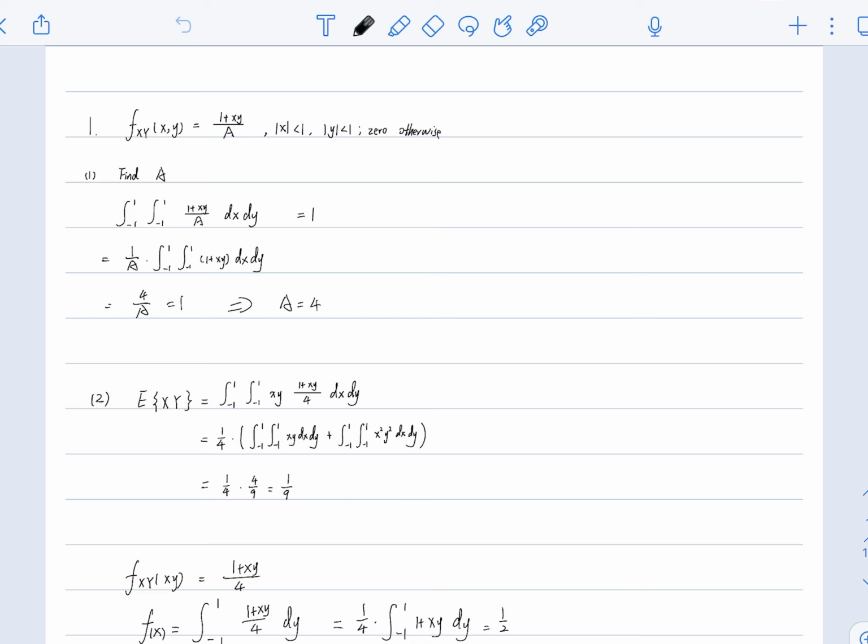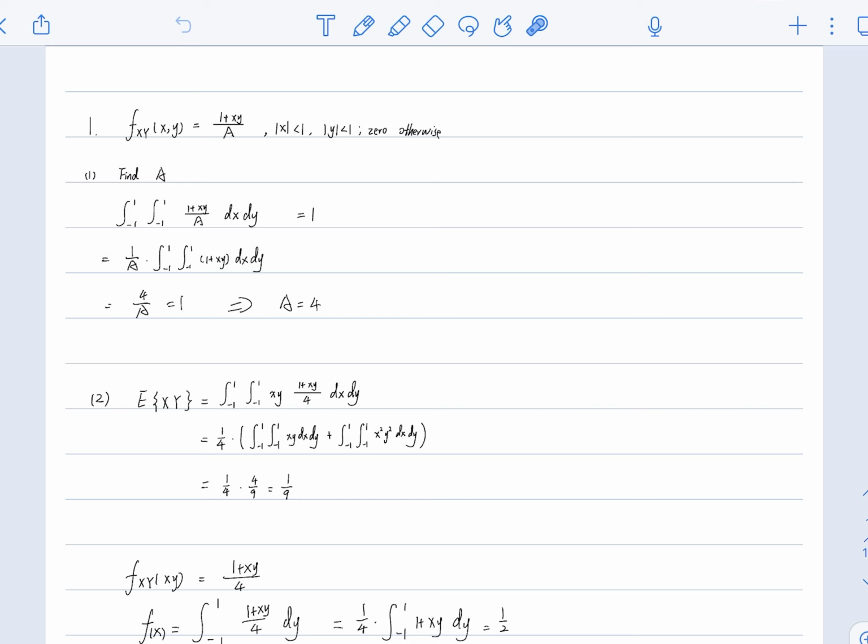Firstly, the question gives the joint density function of X and Y, which equals (1 + xy) divided by a, and also gives the domain of X and Y: the absolute value of x is less than 1 and the absolute value of y is less than 1.